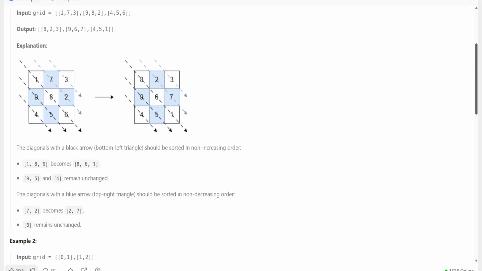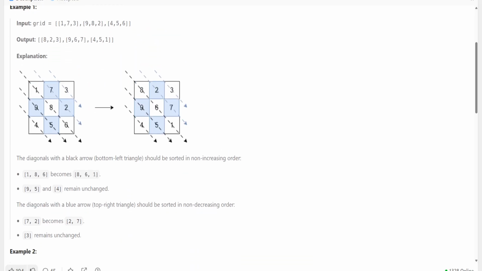Now come back here. You can see other examples also given in the description. We identify diagonals using i minus j. If i minus j is 0 or positive, we are on or below the main diagonal, and we sort in descending order.